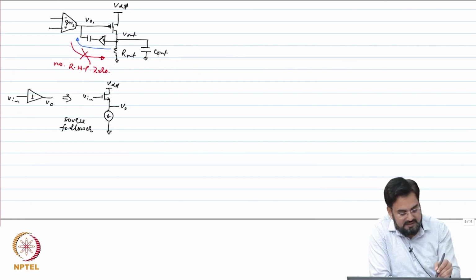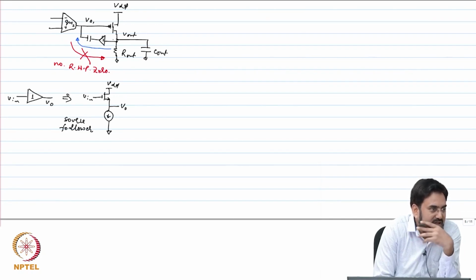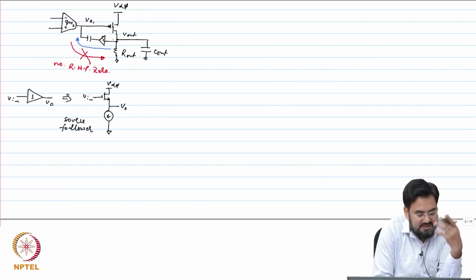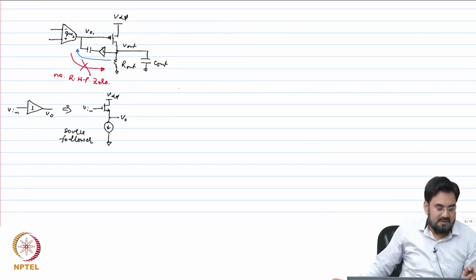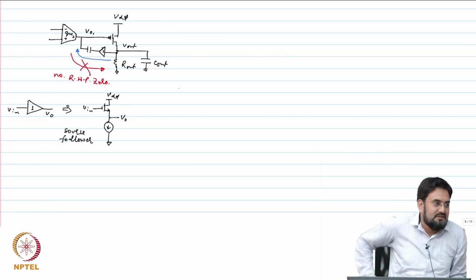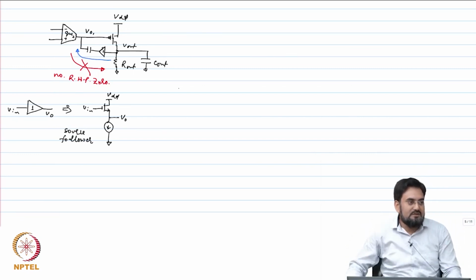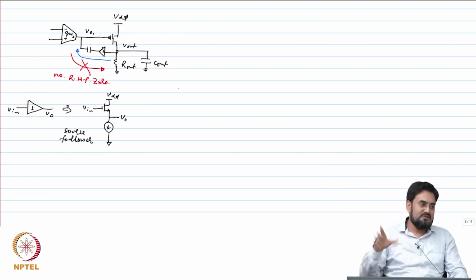So the impedance looking at the other end of the cap will be 1 over GM. So you might have a 0 due to that GM, but you can choose GM and push it to high frequency. If you choose the GM in such a way that you can bring it inside and cancel your 0, or you just push it outside your UGB.